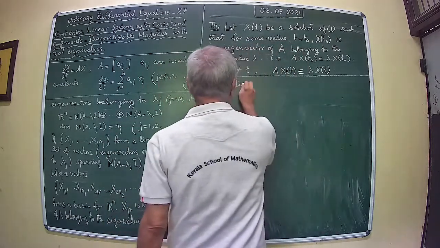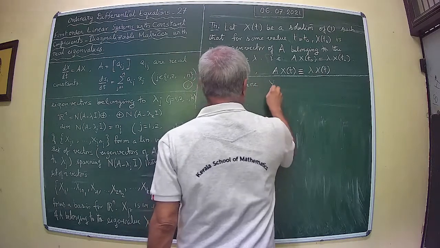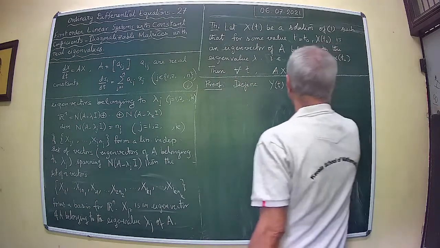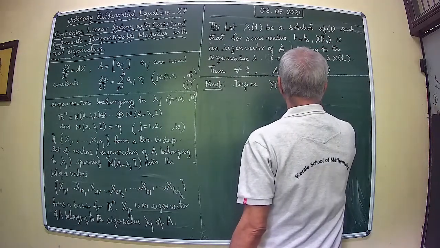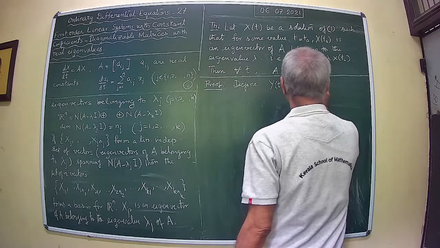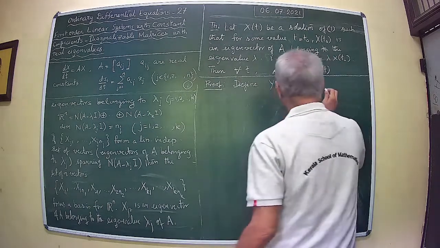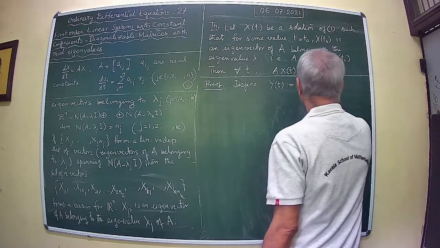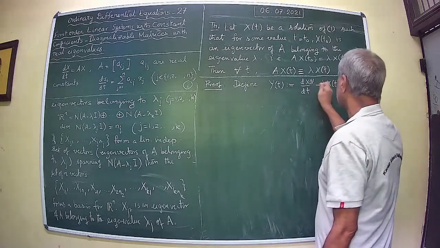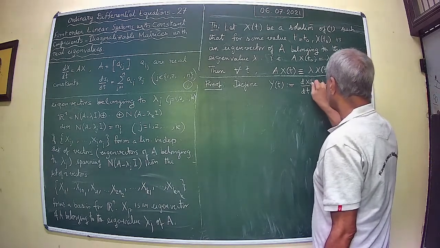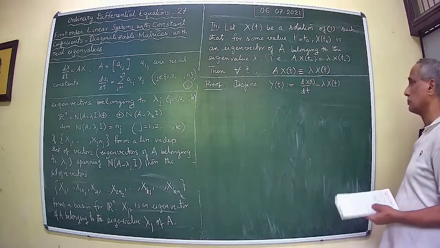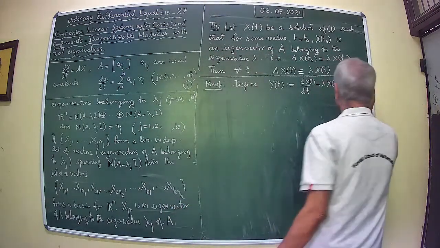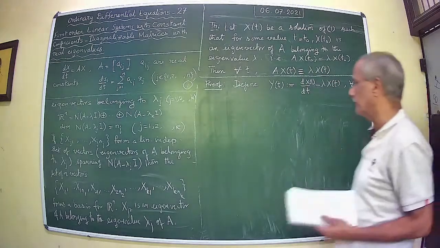Define yt as dx by dt minus lambda xt for every t belonging to minus infinity to plus infinity.